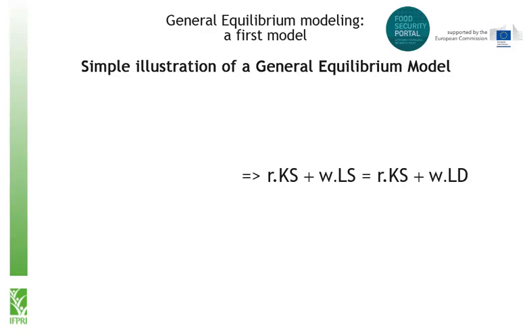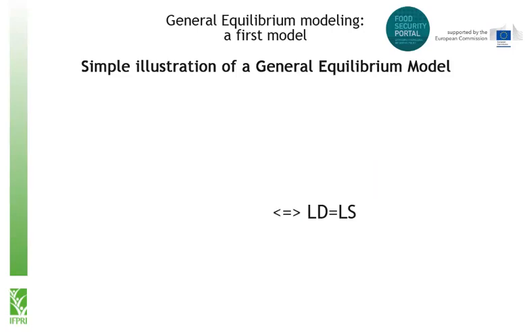So right now you can simplify by R times KS, and then you can simplify by W because W is different from 0. So you can divide both sides of this equation by W, and you obtain an equation which is LD equals LS.